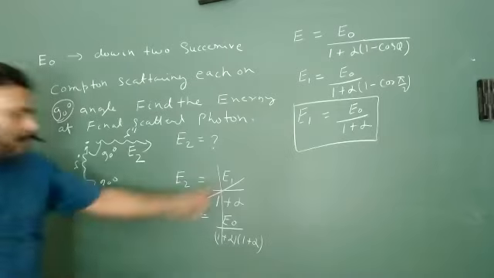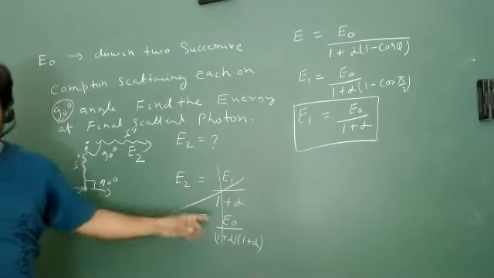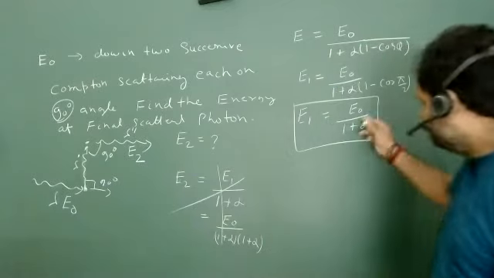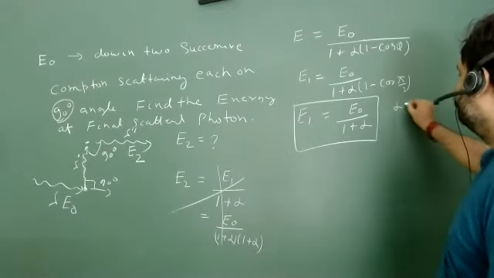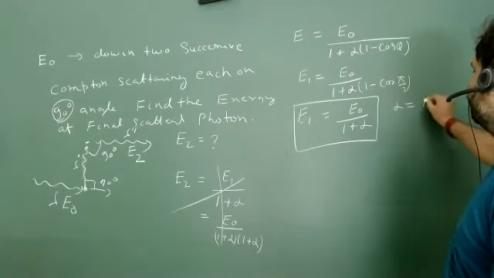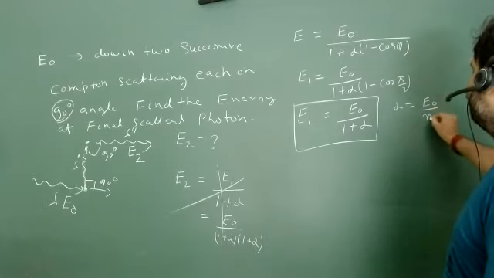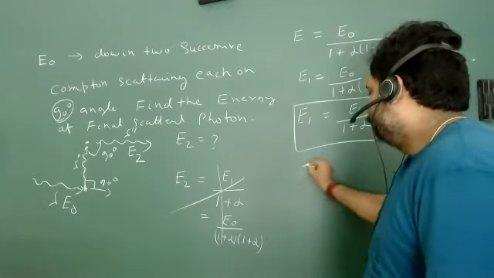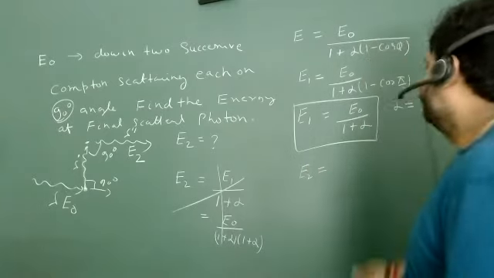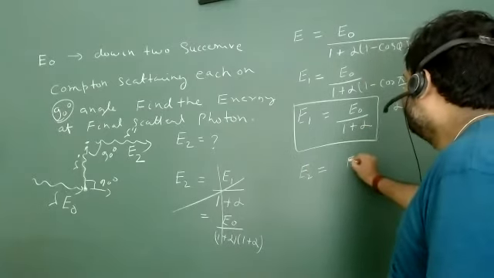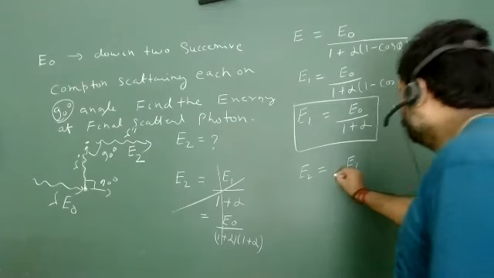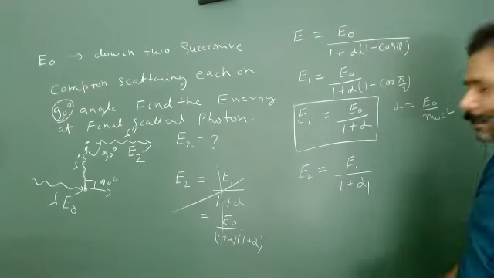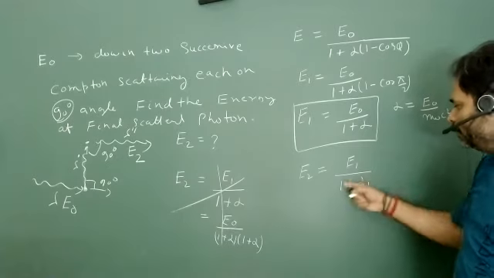If you are doing this, then this is 100% wrong. What will be alpha? Alpha is E naught by m naught c square. So what will be E2? E2 will be given as E1 by 1 plus alpha 1. So this is given by E1 over 1 plus alpha 1.